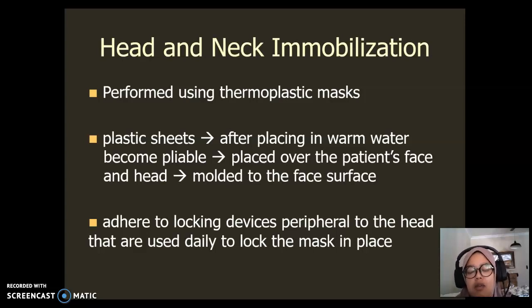The water bath has warm water so that it becomes very pliable and can be fitted to the patient's face contour. Then we mold it so that it fits the face surface, and after that we lock the BDS to the base plate so that it will stay.